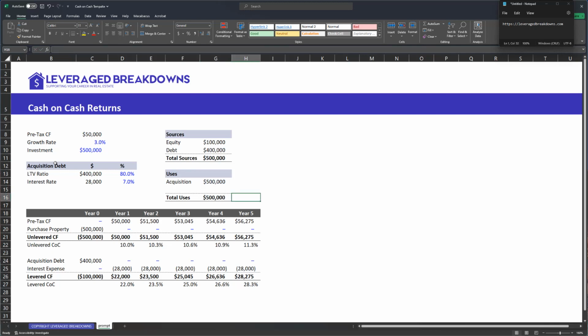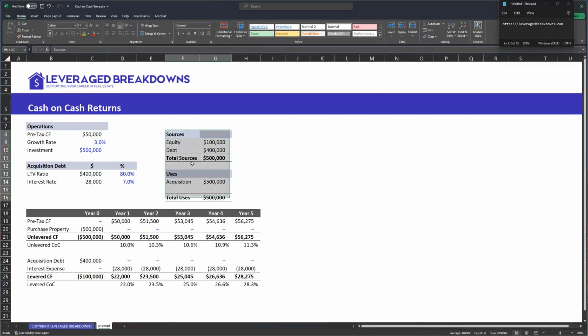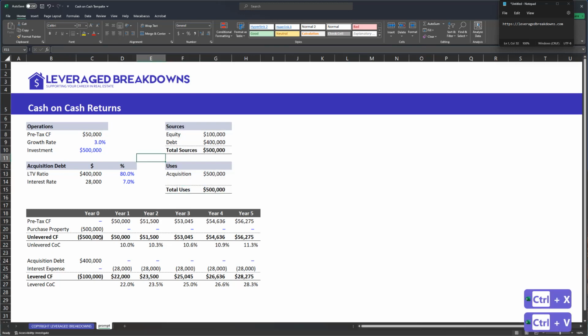Sources should always equal uses, by the way. Let's add some unlevered operational assumptions there. Take that, move it up. Yeah, so your levered cash on cash is higher. Obviously, you've got the uplift by decreasing the denominator because your equity check is only $100,000 thanks to the $400,000 of debt, but that debt is not free.